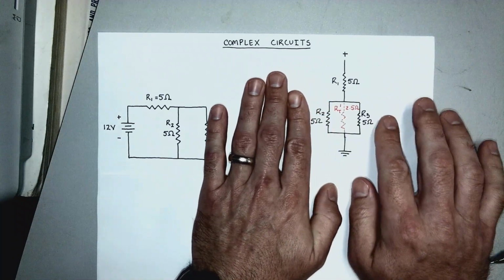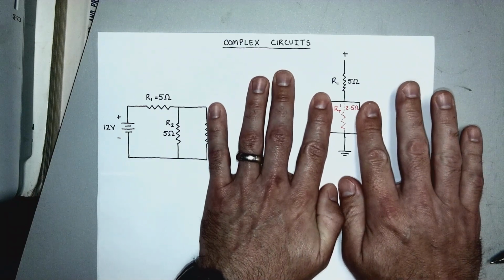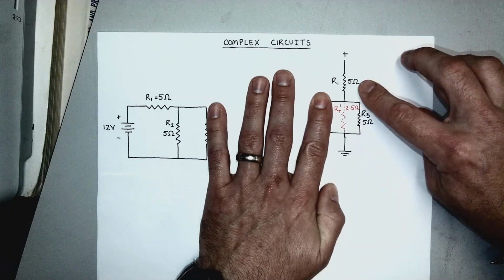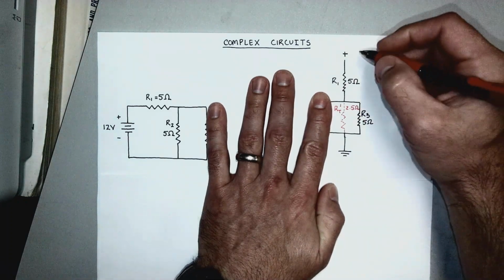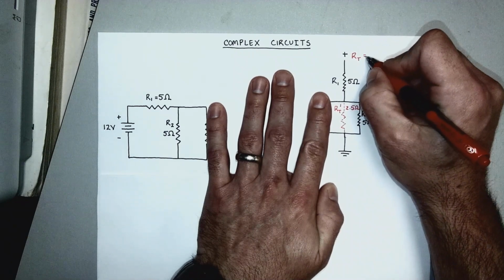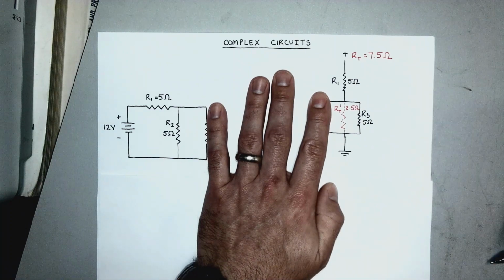Remember, it's representing this overall circuit here. And so this series circuit is going to be R1 plus RT prime, or 5 plus 2.5. And so our true RT, our R total, is going to be equal to 7.5 ohms.